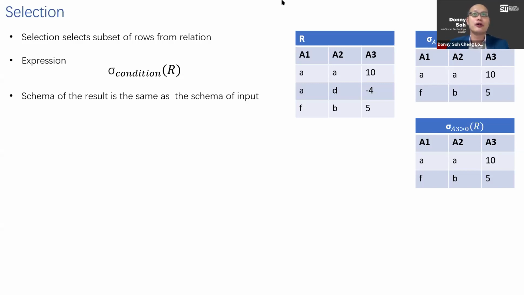So to follow up from where we left off last time, we were at the selection operator. Just to recap, R is your table, and I am going to be selecting items from the table based on a certain condition.